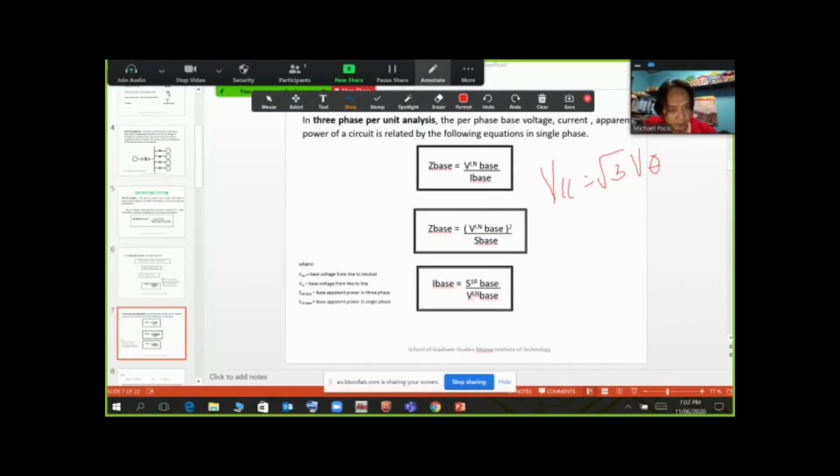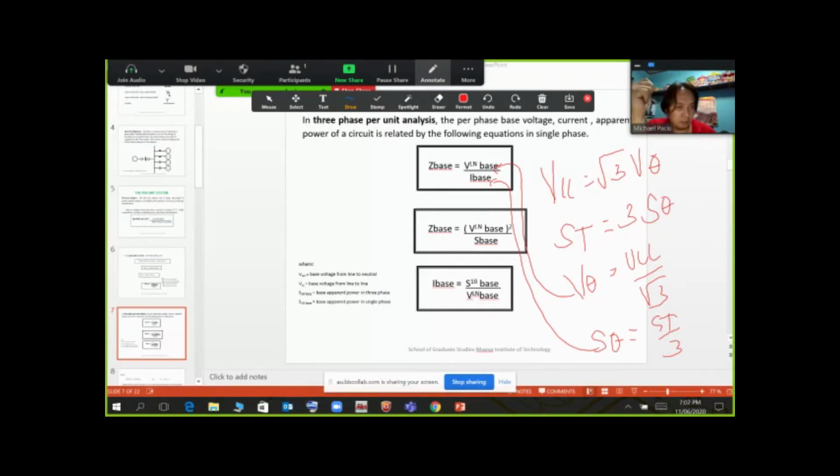In terms of three-phase systems, the total apparent power is 3 times the power per phase. So what you will do is just organize this equation like this and then substitute these parameters in these equations.